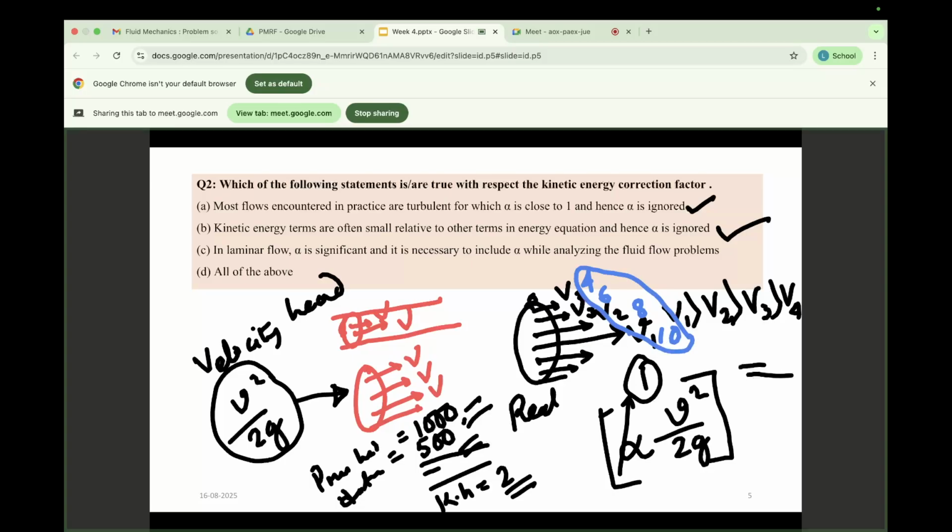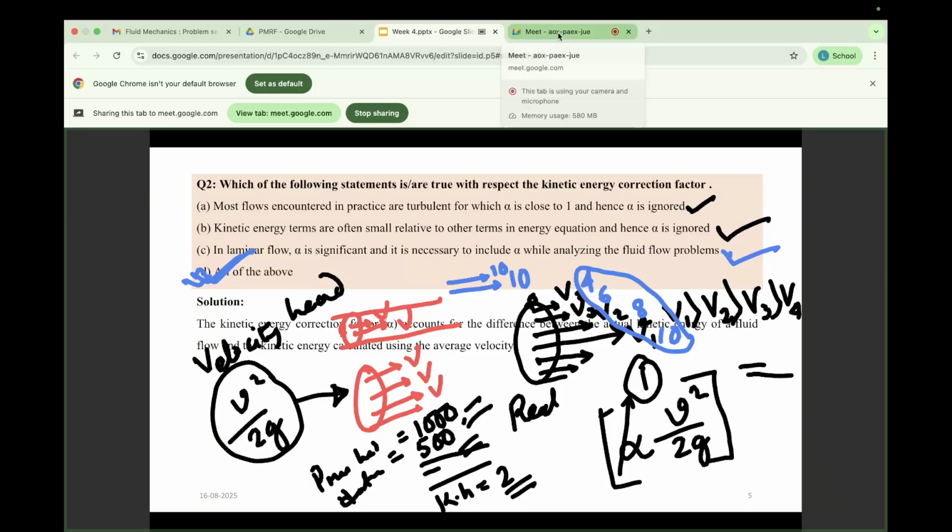But in the laminar case, if this is 10, the others are almost 10, near about 10 or 9.9, like that. So the average of these will be almost equal to 10. That means in laminar cases this alpha should be included. That's why option D is the correct answer.